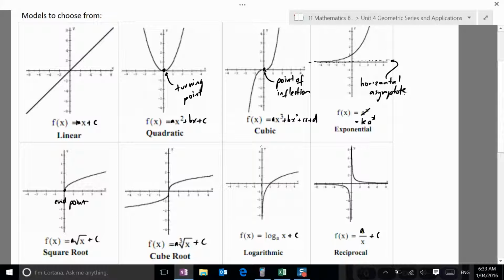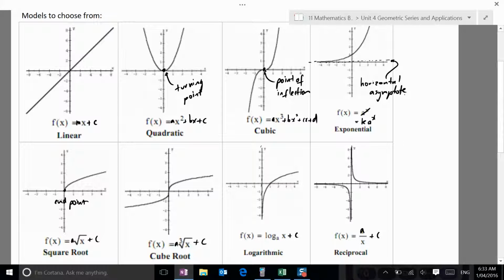Cube root function. With square root, obviously put in any negative x value into your square root, you won't get any y value. That's why there's nothing on this side, why the domain's restricted. In cube root, that's not the same. I can find the cube root of minus 8. I know that's minus 2, since minus 2 times minus 2 times minus 2 gives me minus 8. That's why the cube root model is here as well.